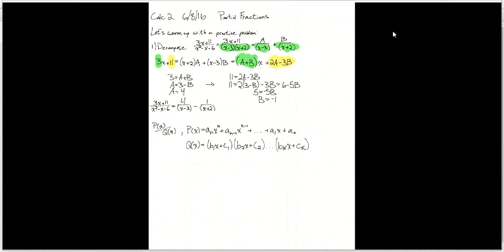So in order to use partial fractions, we have to make sure that the power of p is n, and the power of q is k, right? Because if you multiply all these factors, the highest one will be x to the k. So we have to know that k is greater than n. Otherwise, we have to do a long division to get it into this form, right? Now, if we do have k greater than n, we can decompose it.